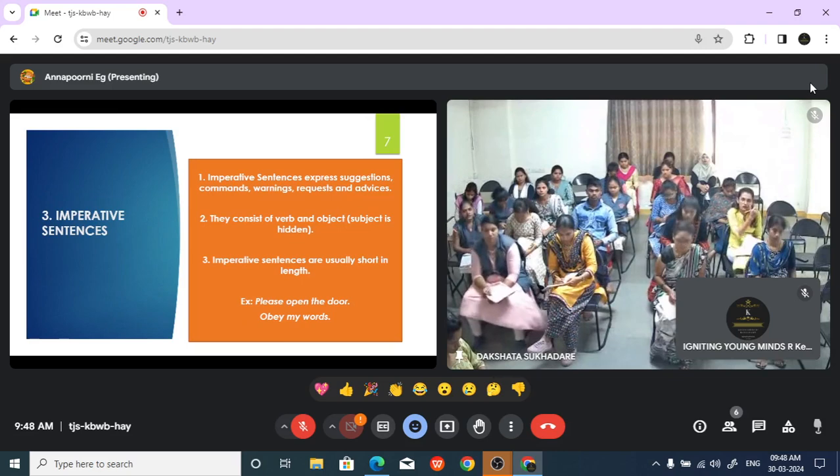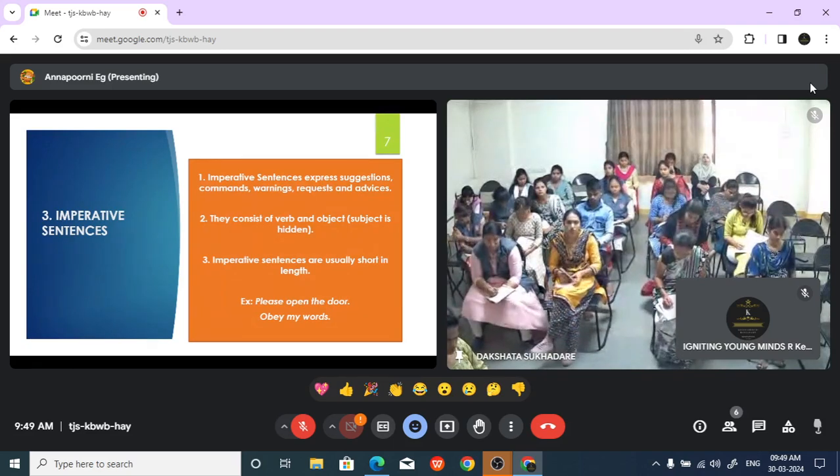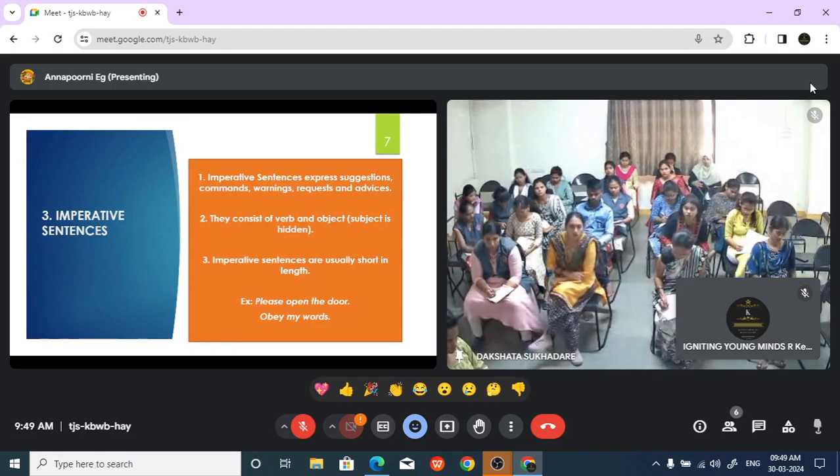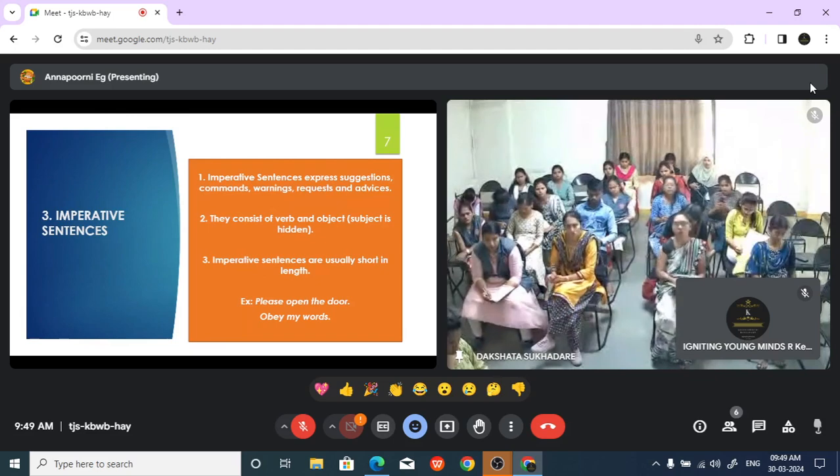So imperative sentences express suggestions, commands, warnings, requests, and advices. Commands are nothing but orders. Okay, small orders, short orders are called commands. Powerful आज्ञा को order कहते हैं. Okay, so suggestions, commands, warnings, requests, orders, and advices. All these are imperative sentences.